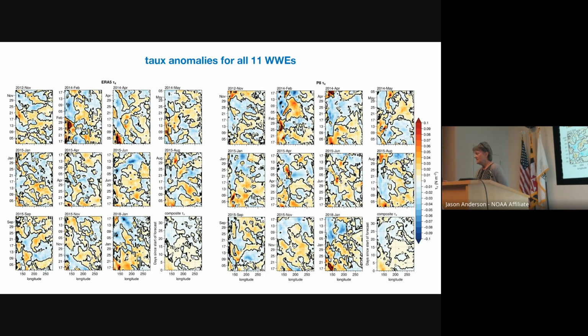If you have an ENSO event, you do have some Kelvin wave. Yeah, so you definitely do get more of these westerly wind events, especially ones that propagate farther eastward, during El Nino events. I won't go back to it now, but in the 10-year time series I showed, you do see these westerly wind events that occur in all years, but they are definitely more frequent during El Nino events.